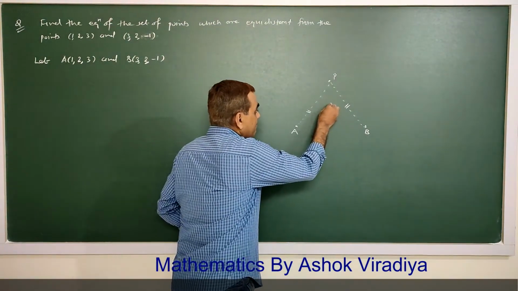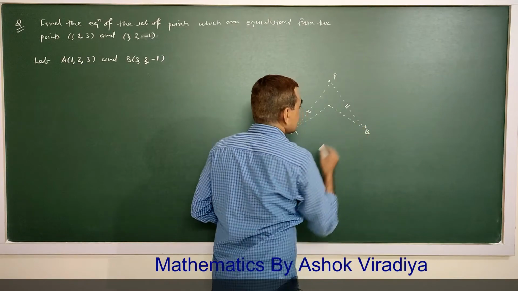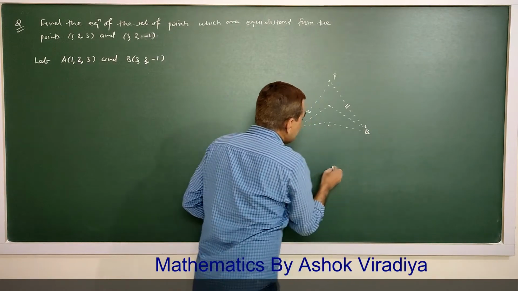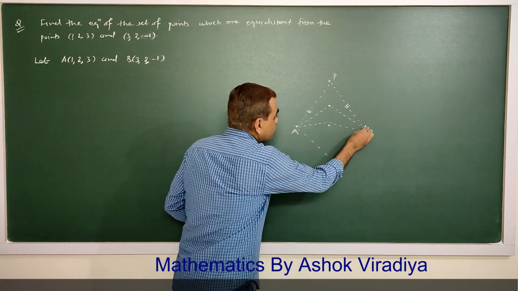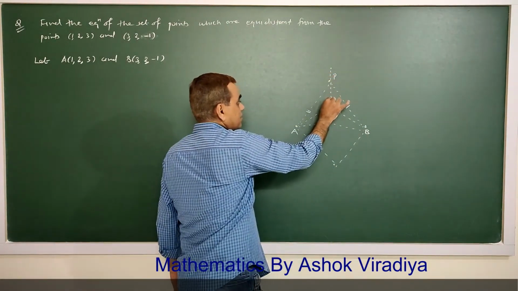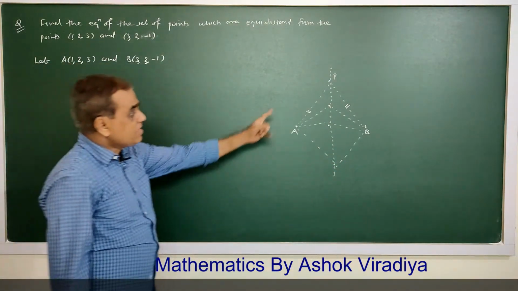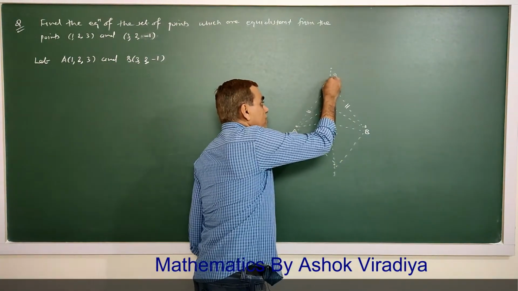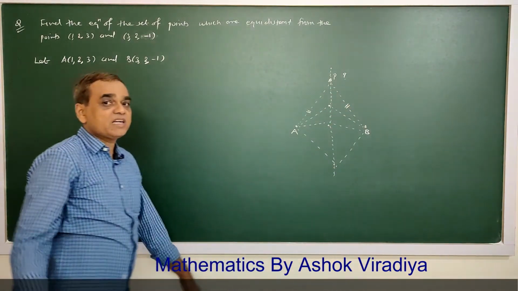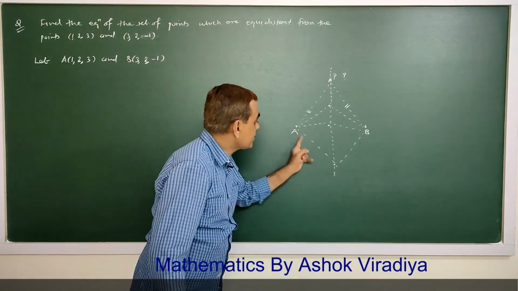Here P can be at this location also, AP equal to PB. P can be at this location also, AP equal to PB. There are many points P satisfying the condition that AP equal to PB. So we want an equation which is satisfied by all these points which are equidistant from A and B.